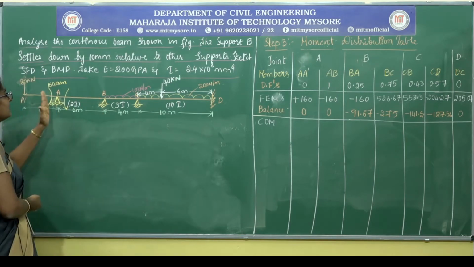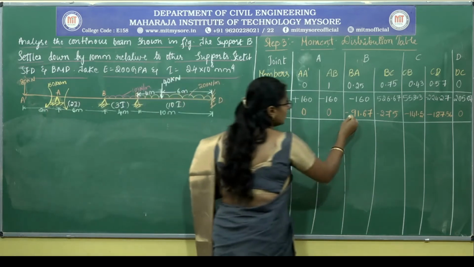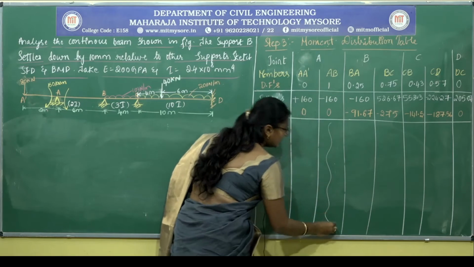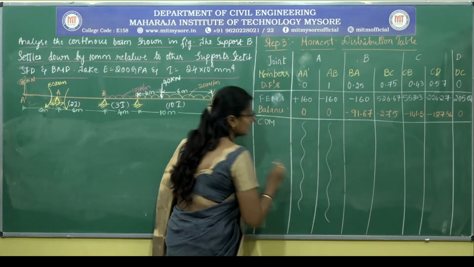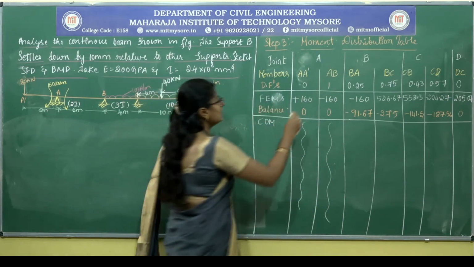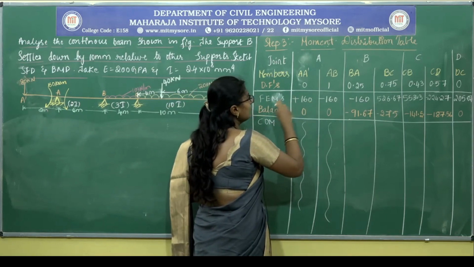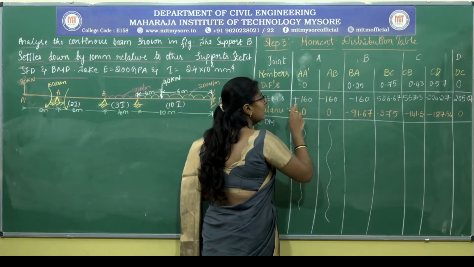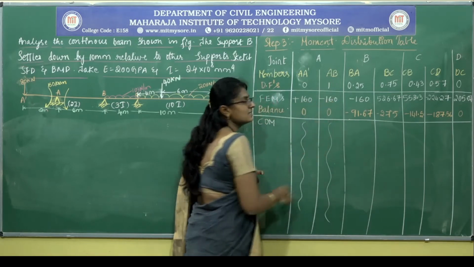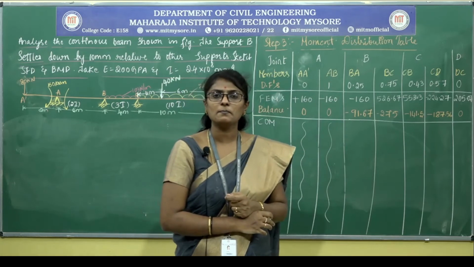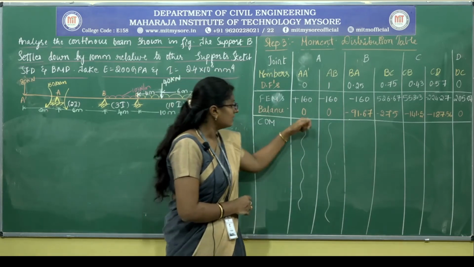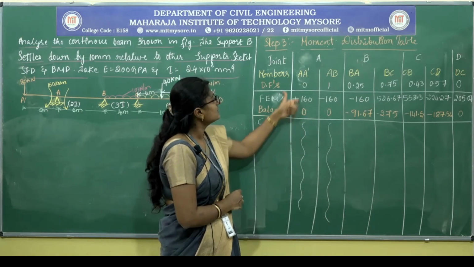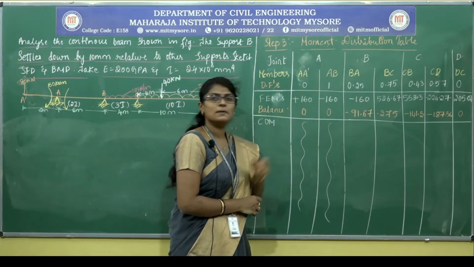Since the far end is hinged, there is no moment transferred to this span AB, thereby we can directly consider the final end moments for AA dash and AB as plus 160 and minus 160 kilonewton meter. Okay, the further procedures may not be considered for the span AA dash and AB.